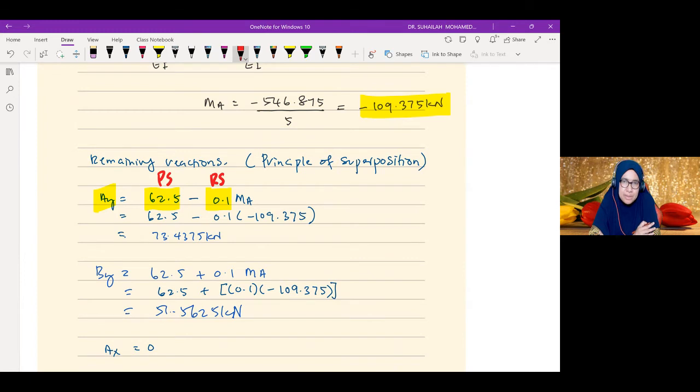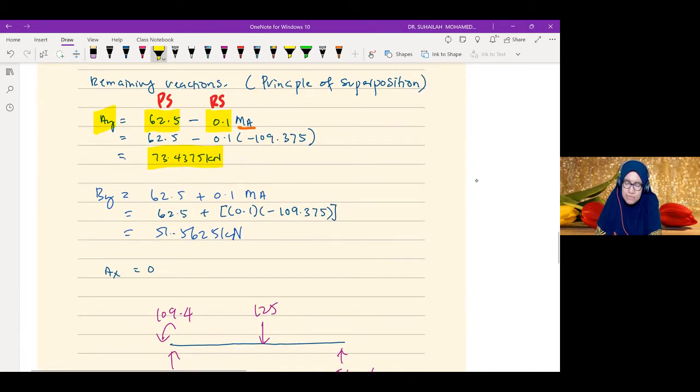Okay, times the redundant. In this case, the redundant is MA. That's why we have to times with MA. We just substitute the values and then we get AY equal to 73.4375 kilonewton and BY is equal to 51.5625 kilonewton.